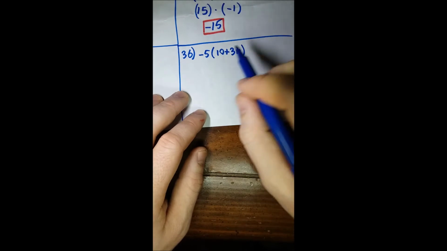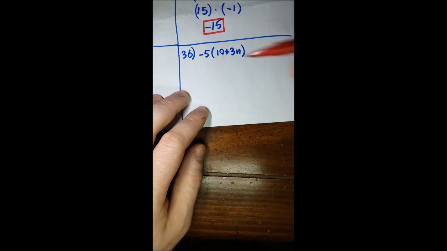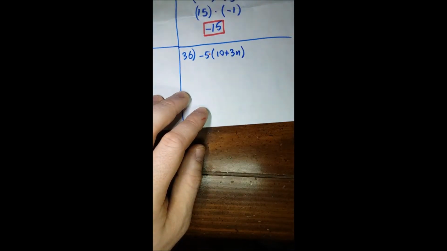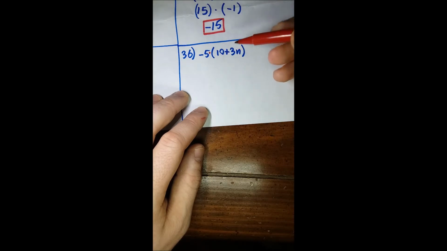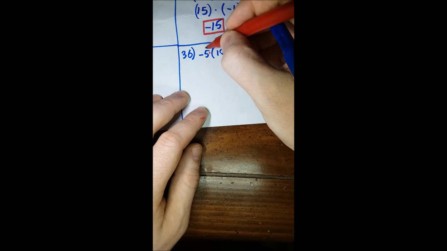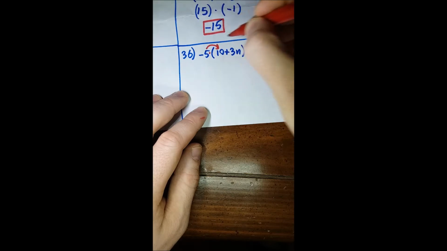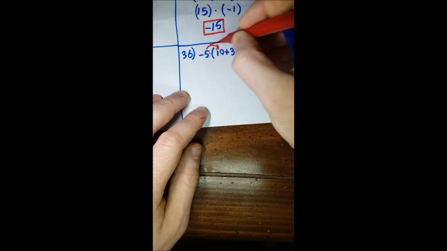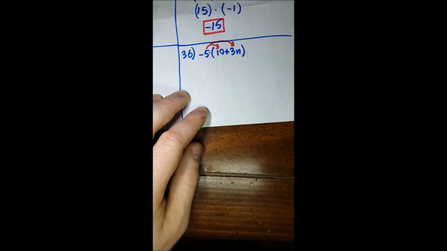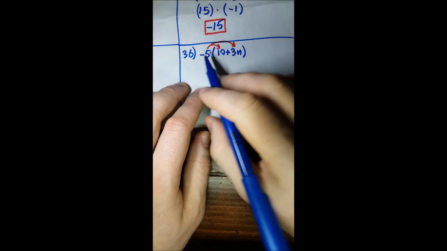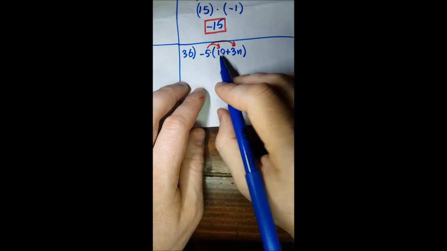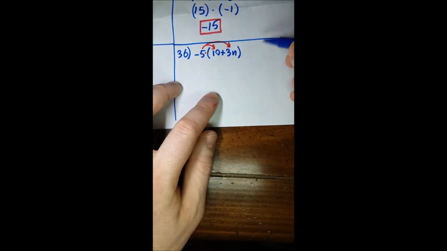Number 36. Negative 5 times the parentheses, 10 plus 3n. Well, what we have to do first is distribute this negative 5 into the parentheses and see what's going to happen. So negative 5 times 10, negative times a positive.